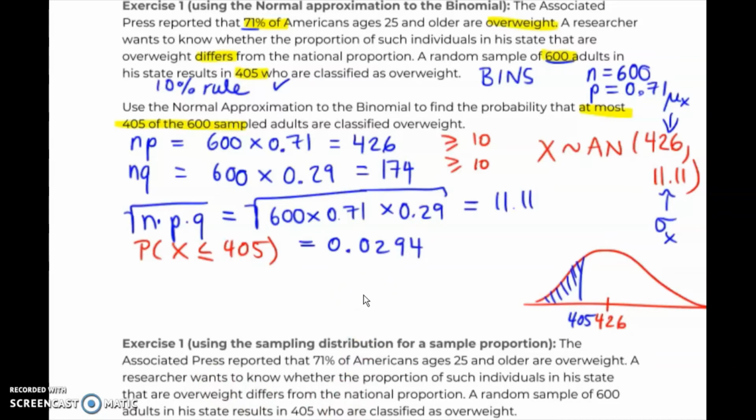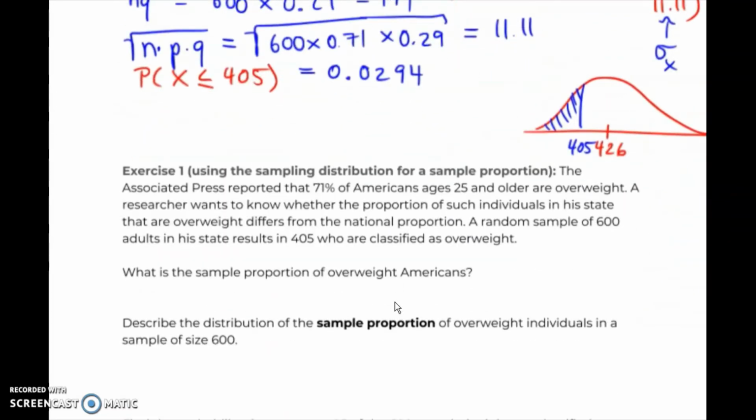So for the second part now, we're going to look at the sampling distribution, again looking at the exact same context. So we have 71% overweight. We are looking at a sample size of 600. And we want to know, 405 in our sample were overweight, which is actually what we call our number of successes over here. We have our sample size of 600, and again, our population proportion is 0.71.